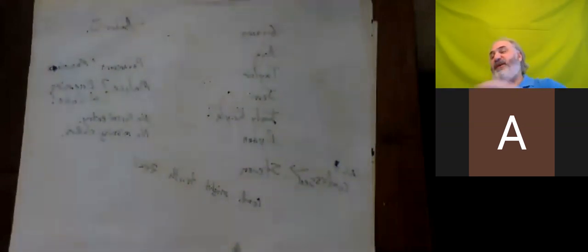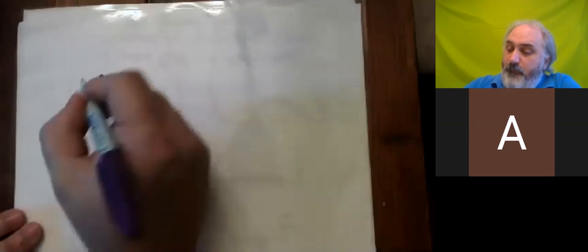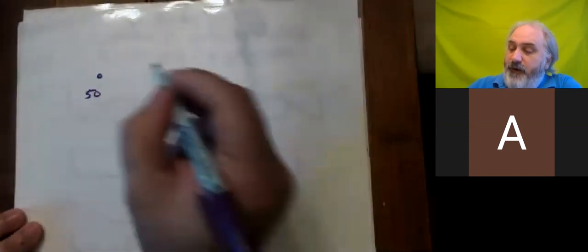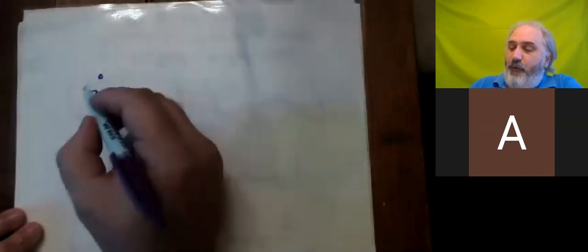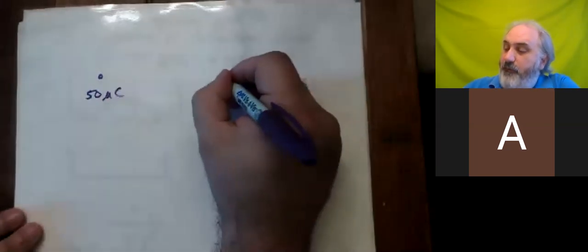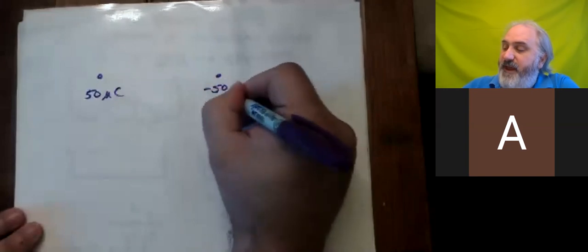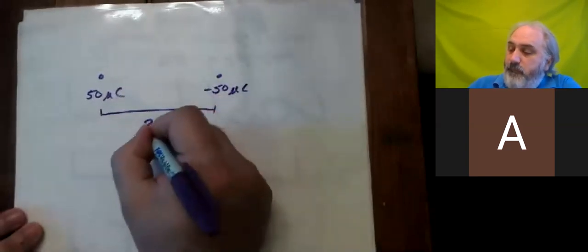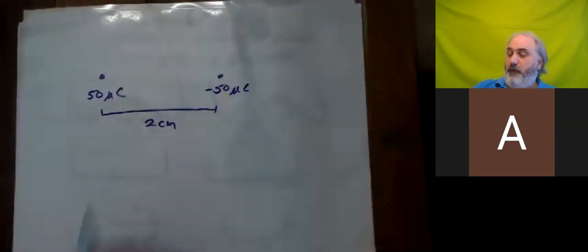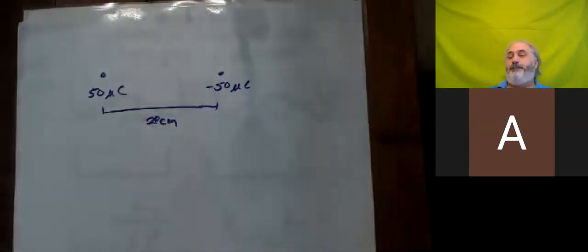Let's look at that exact same problem, but now I'm going to look at the electric field someplace else. So, actually, let's make it easier. I'll take that back. Let's go positive 50, negative 50, and place them 20 centimeters apart.